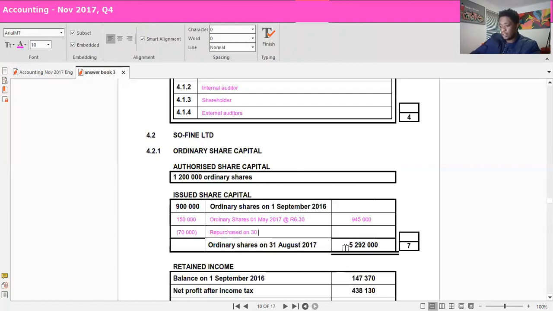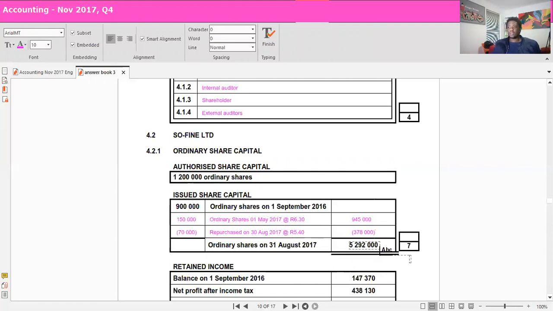We'll say 30th August 2017 at a price of the average share price, which is R5.40, and that should give us an amount of $378,000.